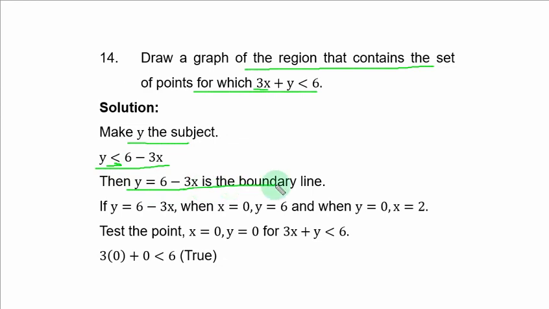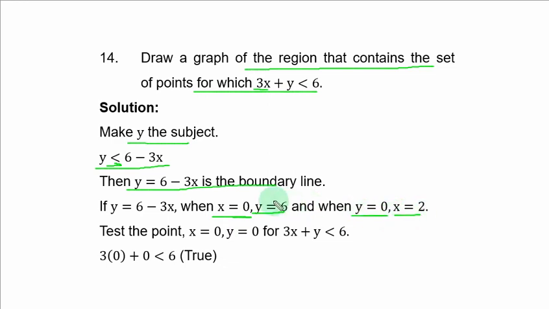In this example, I want to use the approach of ordered pair. In that ordered pair, you set s equal to 0 and you solve for y is equal to 6. And you set y equal to 0 and you solve for s equal to 2.